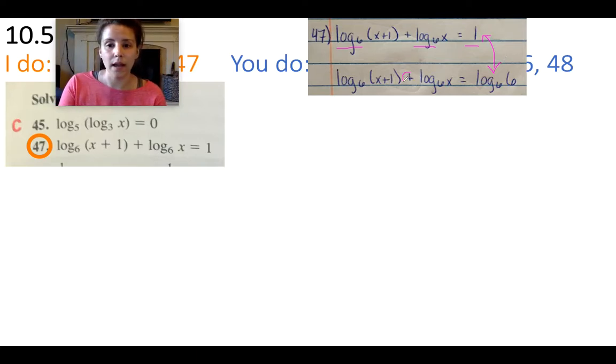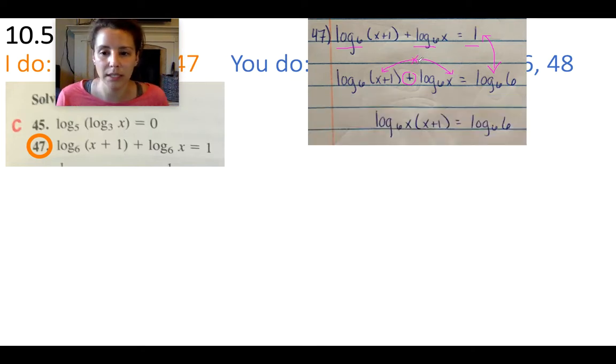Okay, so now I want to use my laws of logs. I know that if I have 2 logs that are being added together, that means I'm actually multiplying these 2. So I'm going to smush them together. And we have log base 6 of x times x plus 1, or x plus 1 times x, whatever you want. And it's still equal to log base 6 of 6. Nothing crazy's happened.